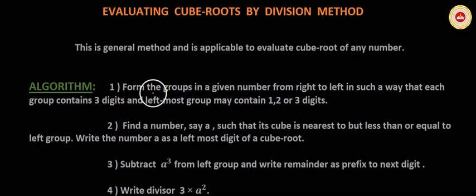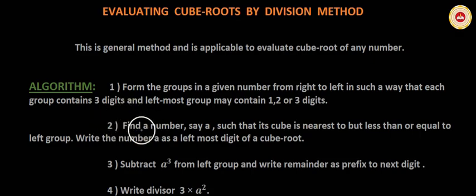Step number 1 is form the groups in a given number from right to left in such a way that each group contains 3 digits and the leftmost group may contain 1, 2 or 3 digits, just like Vedic method.